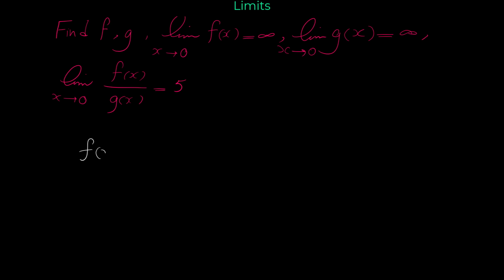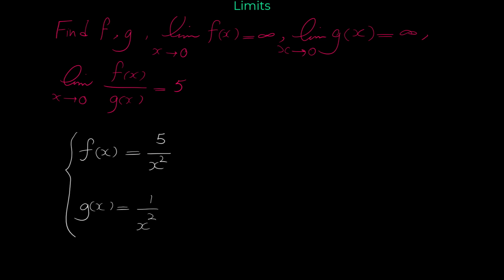Because we did the previous question, maybe it's not a bad idea to pause the video now and try to find f and g by yourself. If you choose f of x as 5 over x to the 2 and g of x as 1 over x to the 2, these two functions satisfy the conditions in this question.